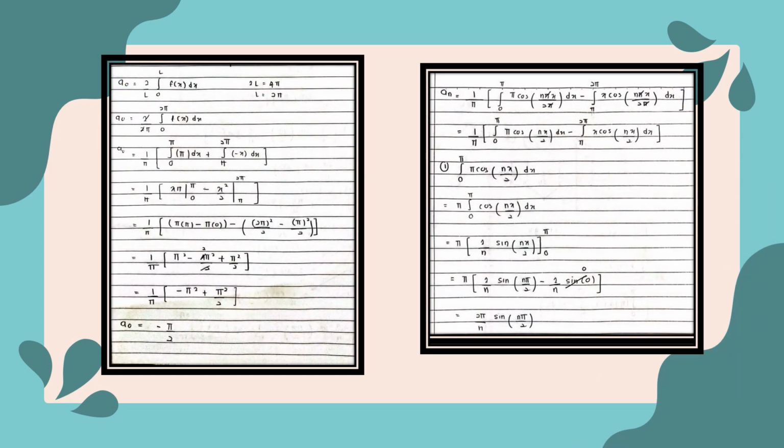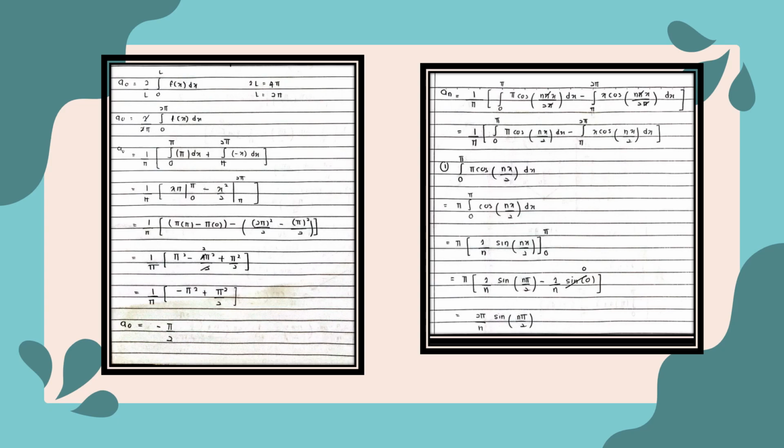So to determine the Fourier series of an even function, we need to find the value of a0 and an. Firstly, we need to find the value of L, which is 2 pi, and then we will put the value in the equation of a0 and an.